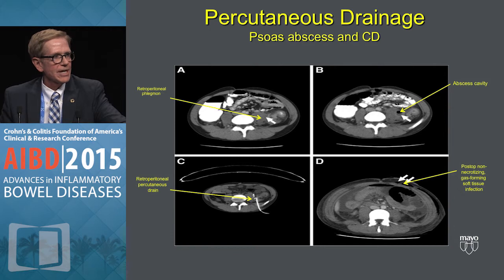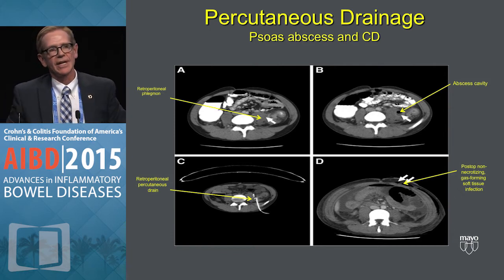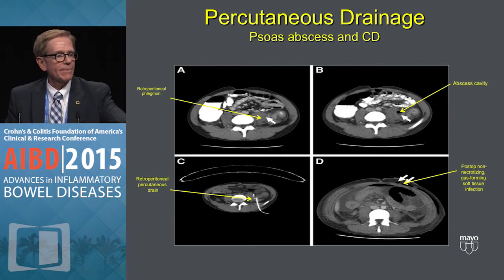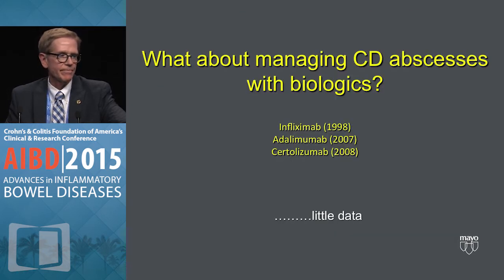But then the patient was operated on, and this patient then had a post-op gas-forming soft tissue infection. So this patient had the full complement of problems with abscesses, abdominal abscesses, with their Crohn's disease.